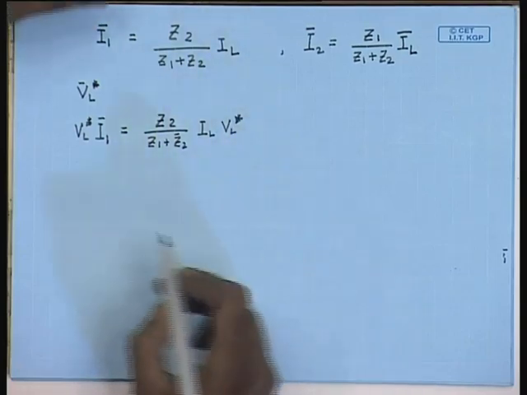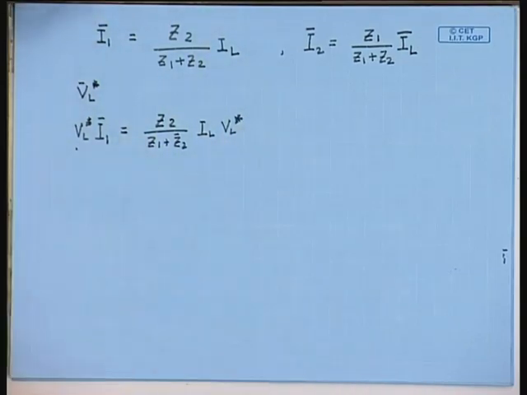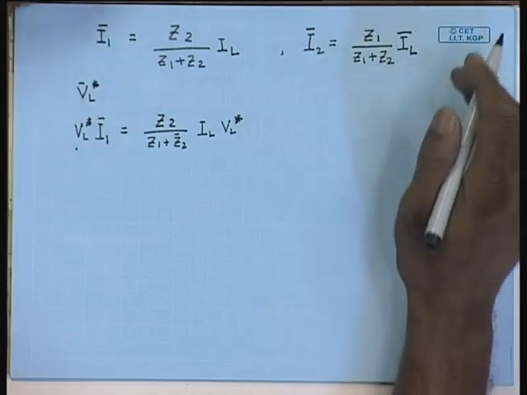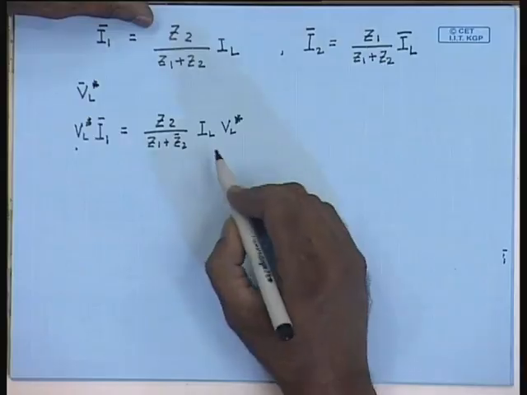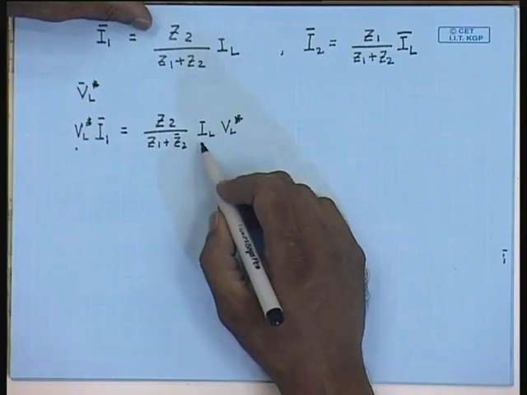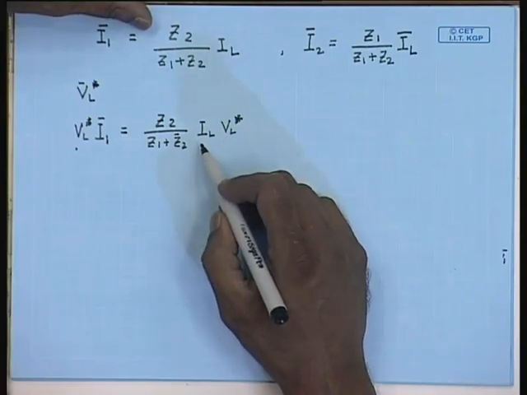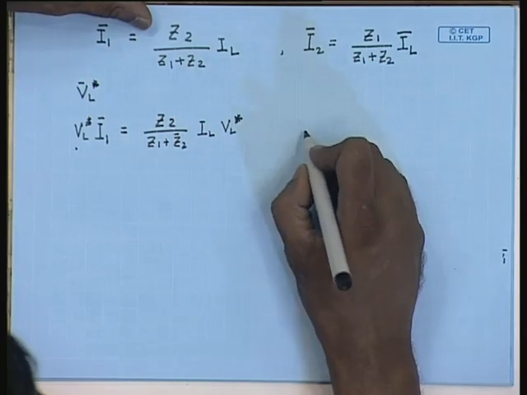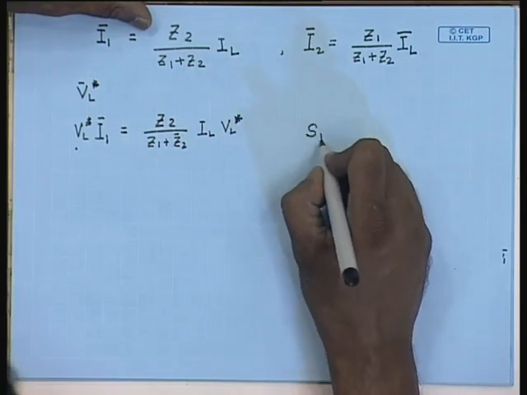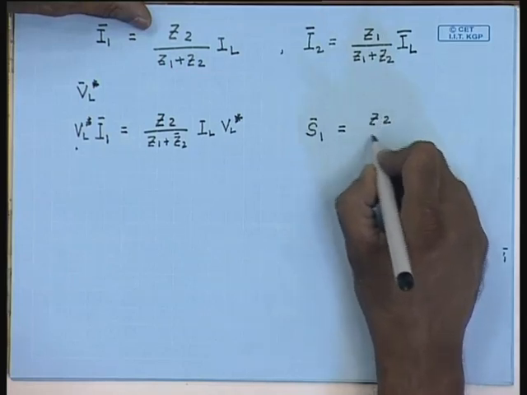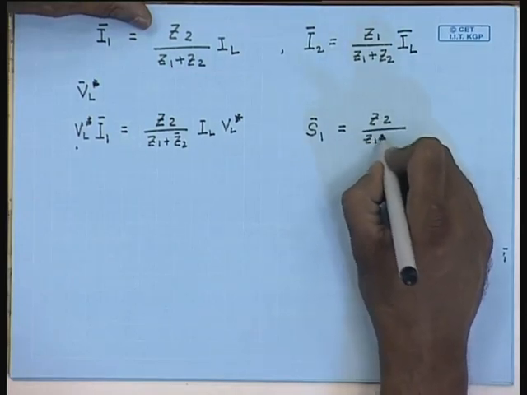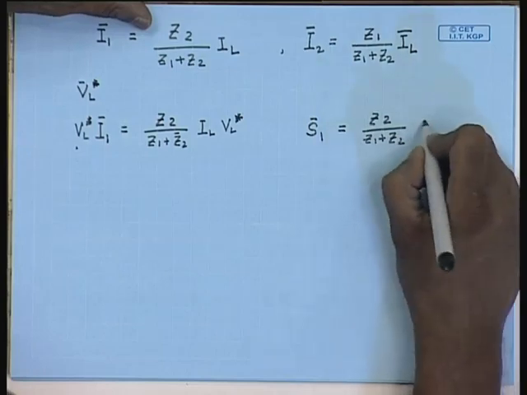Now, VL star I1 is the complex kVA supplied by transformer 1, while VL star IL is the complex kVA demanded by the load. Therefore, we can write S1 equal to Z2 divided by Z1 plus Z2 into SL.